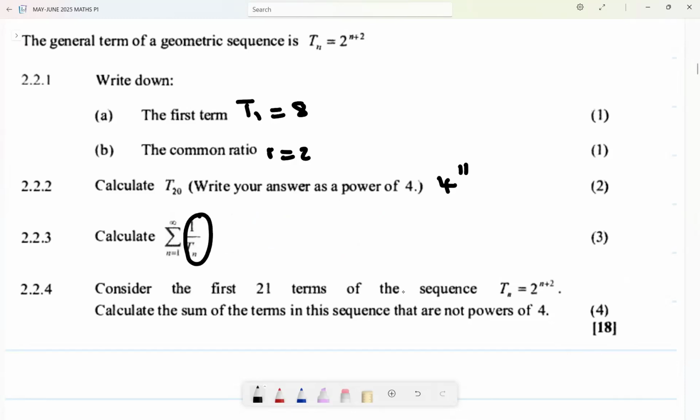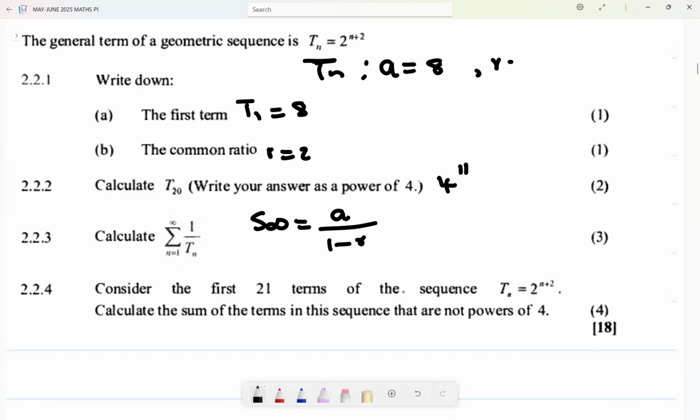Whatever that is going to be on Tn, remember for sum to infinity, I need a divided by 1 minus r. So if for Tn, a was, remember a is the first term, a was 8 and r was 2.